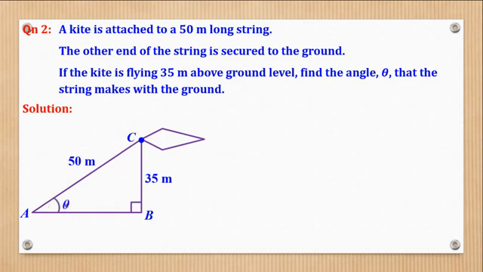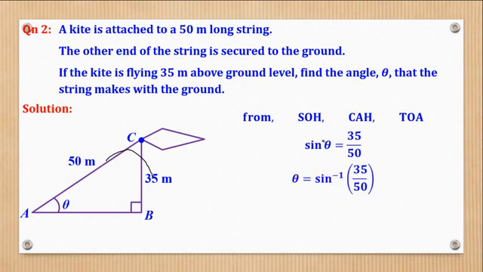Now our aim is to look for the value of theta. What we have is the opposite and the hypotenuse. Opposite and hypotenuse is sine. Therefore, we shall say sine theta is equal to opposite over hypotenuse.